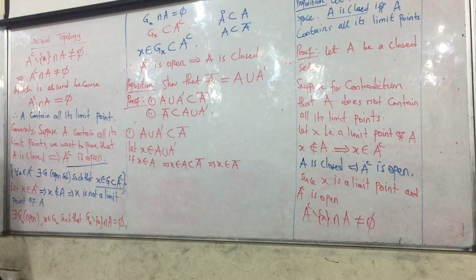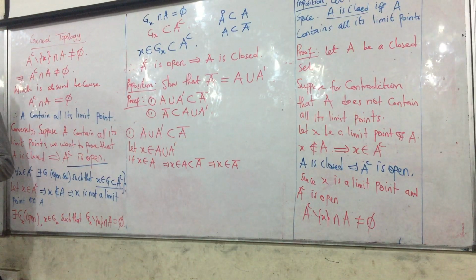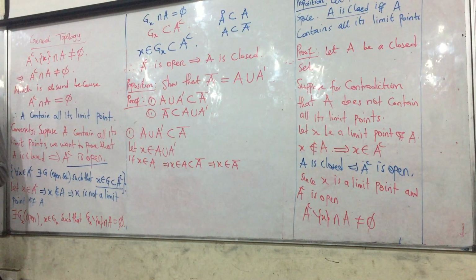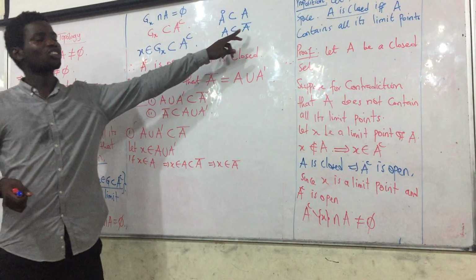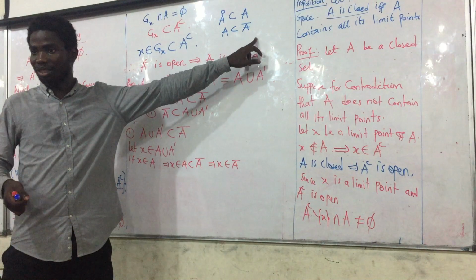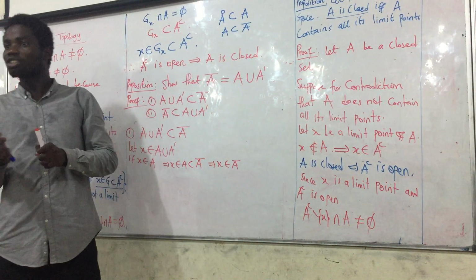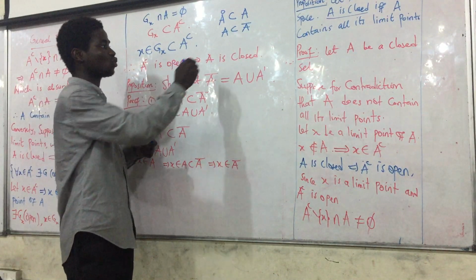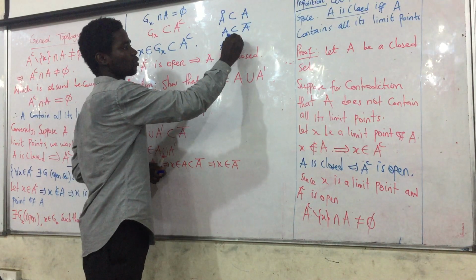Is A closed? No, not necessarily. Since A is not closed, how are we sure that A bar contains A? There is no condition that A has to be closed before A is inside its closure.